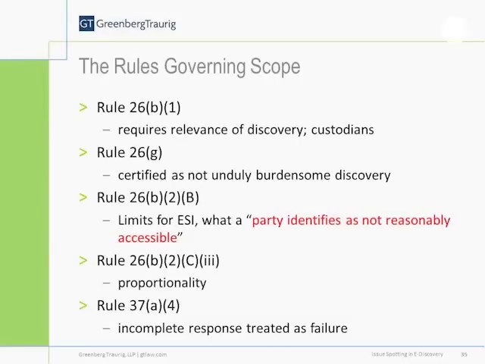And it says, well, you've got to weigh the needs of the case. And that works, by the way, not just for ESI, but 26(b)(2)(C) applies to everything, right? And then Rule 37(a)(4), you give an incomplete response, and it's treated as a failure to respond. So you have to think, have I really responded fully in discovery? Have I said all documents? Has anybody looked yet at the proposed federal rules that are supposed to get enacted sooner or later?